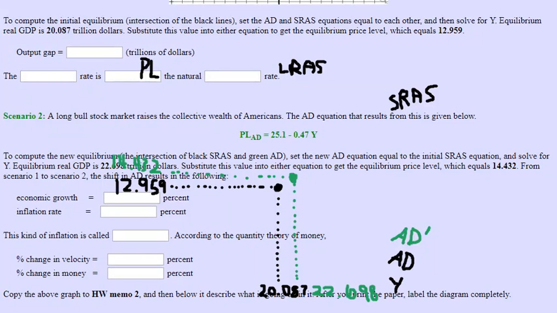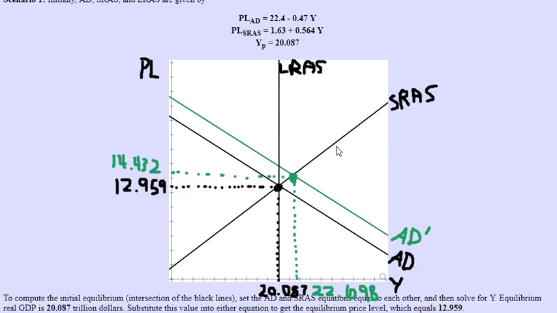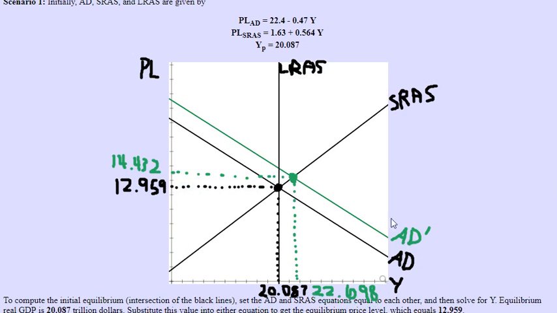In scenario 2, a long bull stock market raises the collective wealth of Americans. Because wealth increases aggregate demand, the resulting aggregate demand equation is given below. This new demand equation is in green because it corresponds to this green line in our graph that we had already previously graphed or labeled.